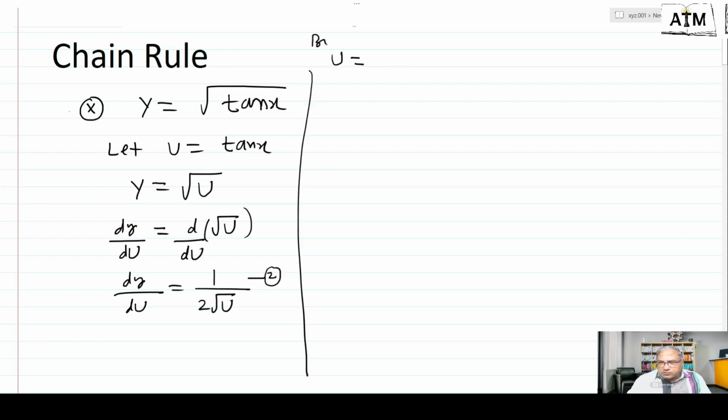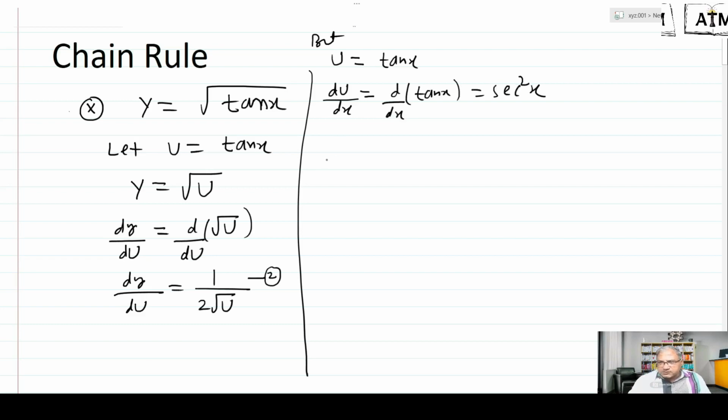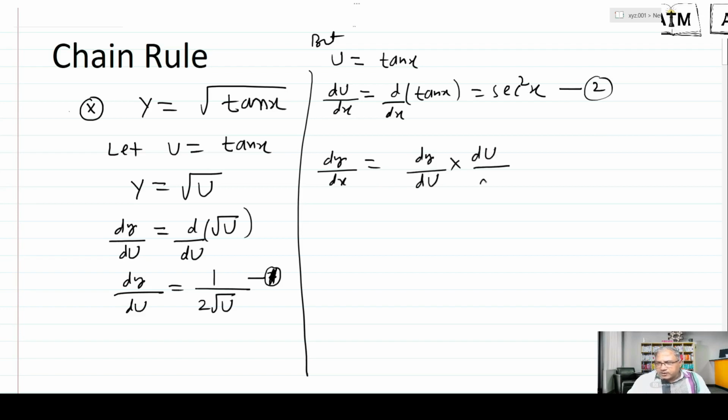But u equals tan x. Differentiating both sides with respect to x, du by dx, that is the derivative of tan x with respect to x, equals sec square x. Now dy by dx equals dy by du into du by dx.